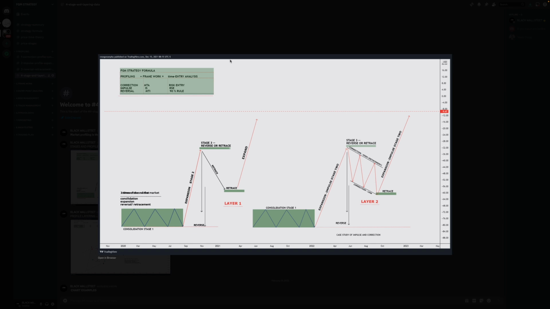And how can I use this behavior on the lower time frames to profile and to execute? If you're using support and resistance, you can put support and resistance there. If you're using SMC, you can use your supply and demand, knowing that you are framing it in a way that you can interpret in a systematic, step-by-step process.